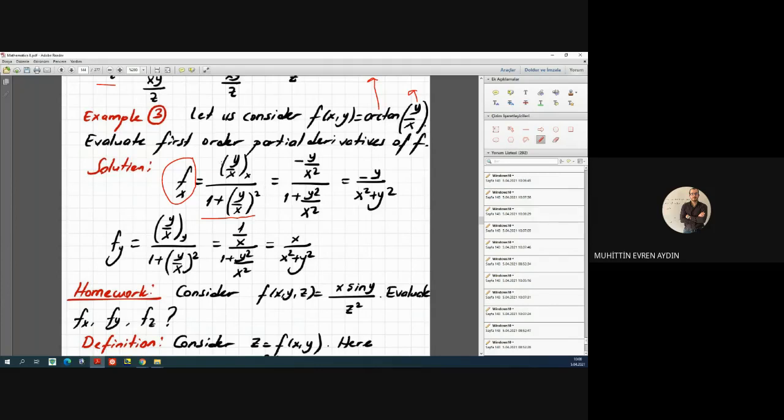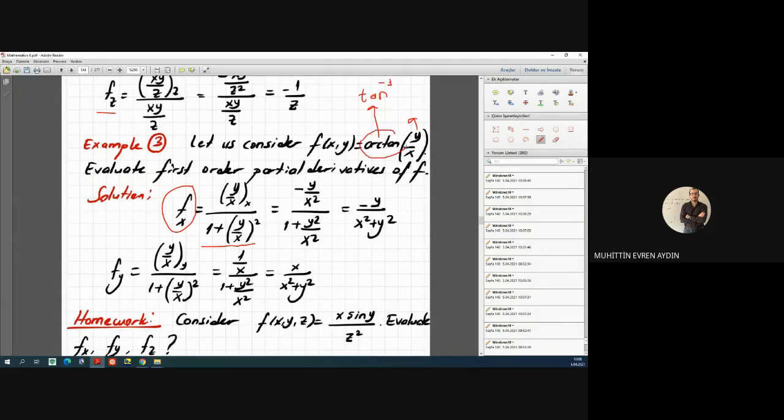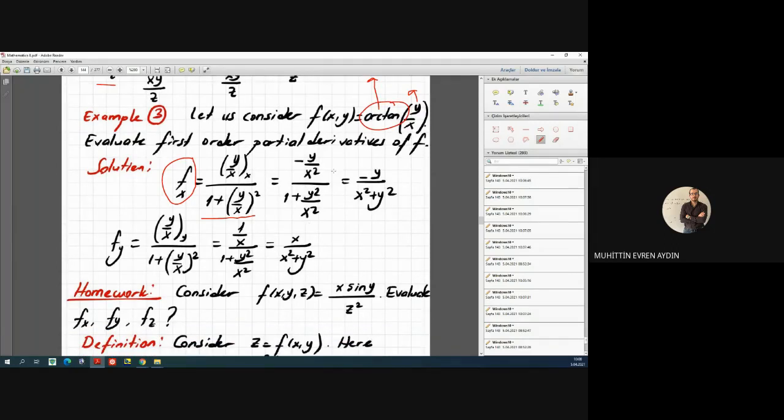As you can see, to take partial derivatives, first we apply the derivative rules of functions. For instance, here, let me write: the arctangent derivative equals, it is better, the derivative of u over 1 plus u squared.